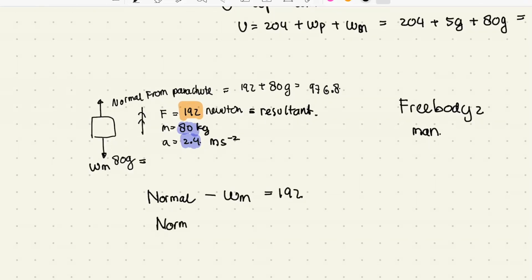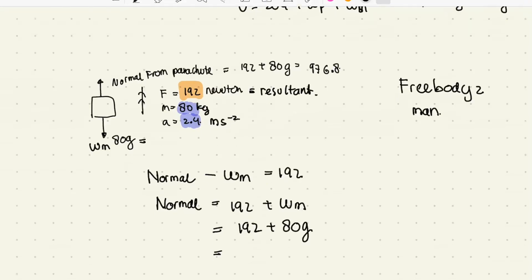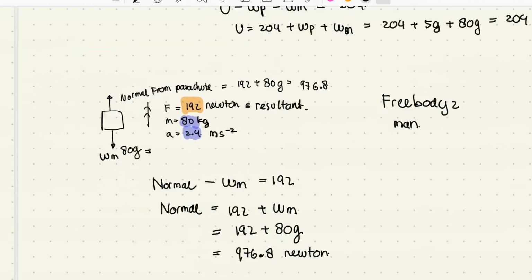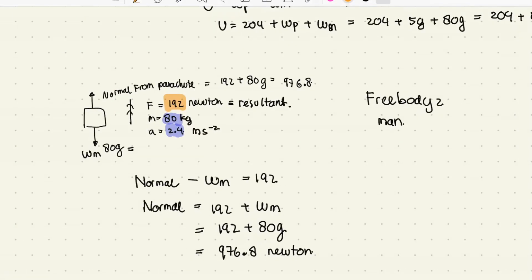So normal will be 192 plus Wm, which is 192 plus 80g, and g is 9.81, of course. Then you sub in the values, you get 976.8. The unit is, of course, Newton. That's our final answer.